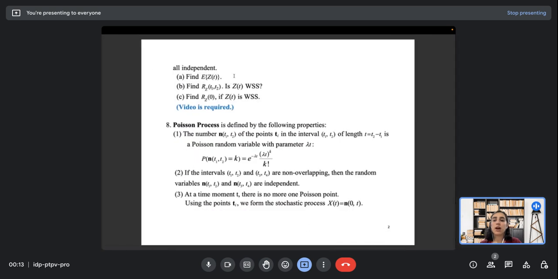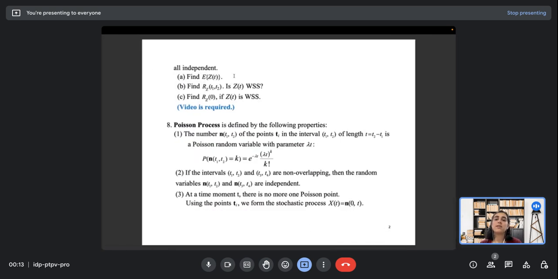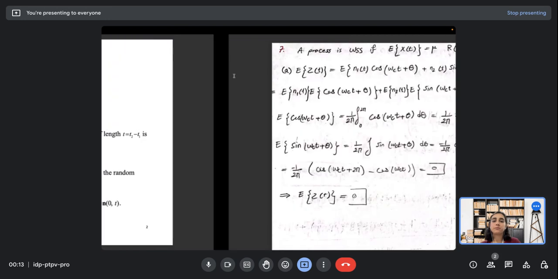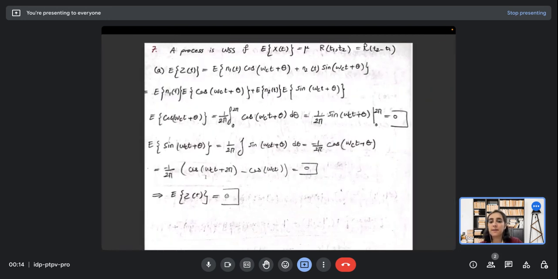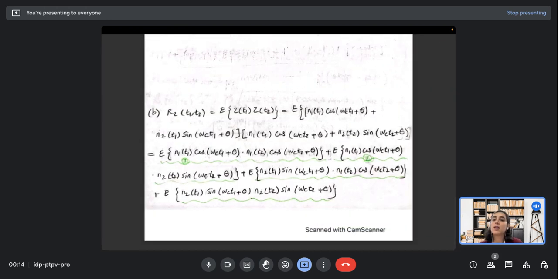Now let's go to part B. In part B we should find r of t1 and t2, and we want to know whether z of t is WSS or not. So for calculating r of t1 and t2, we should calculate the expected value of z of t1 times z of t2.